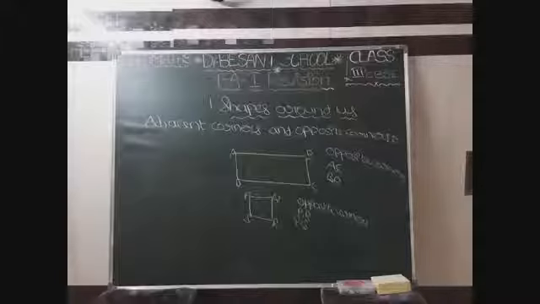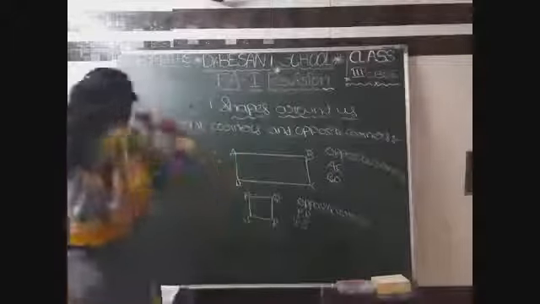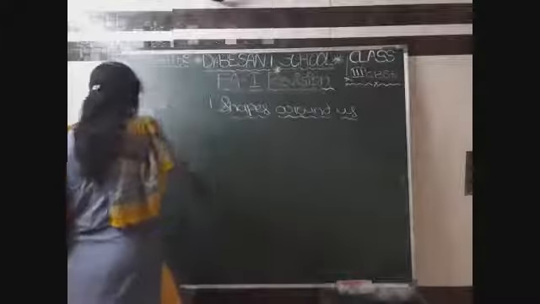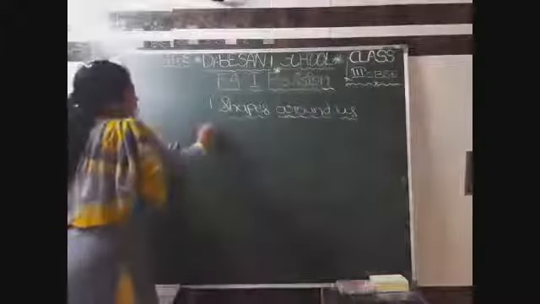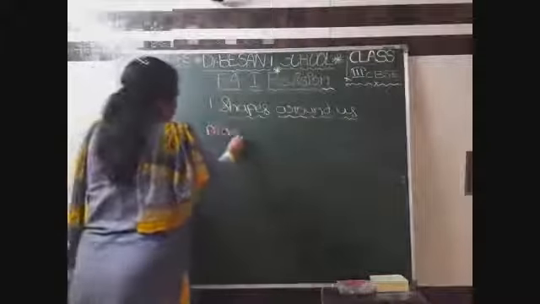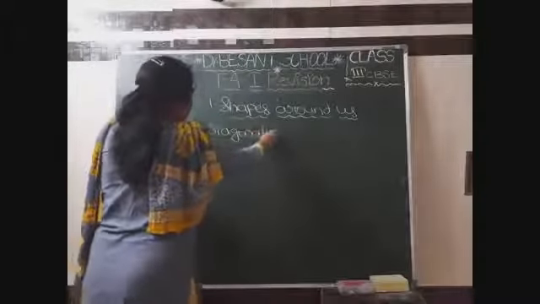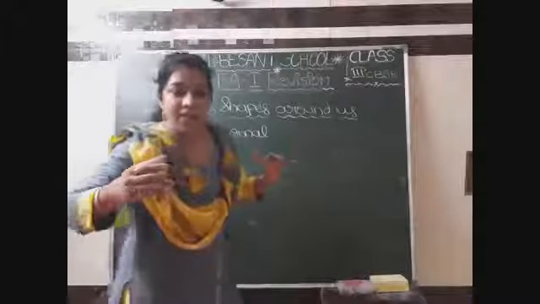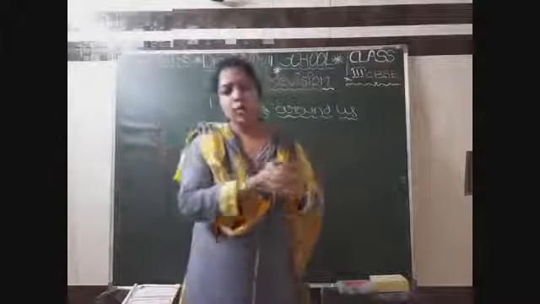Yeah. Now the next concept is diagonals. How to draw the diagonals? Till now we have discussed adjacent corners and opposite corners. Do you understand the opposite corners topic? Yes. Now see, children, what does diagonal mean? The line segment drawn between the opposite corners.